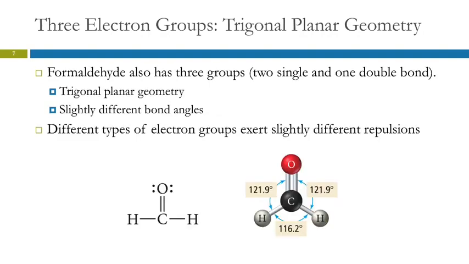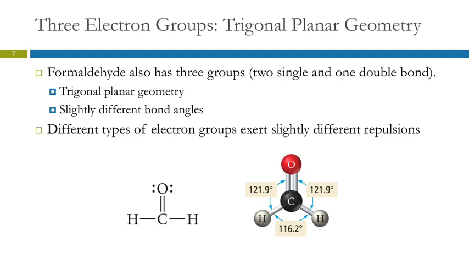We can have a trigonal planar geometry with things other than 3 single bonds. We could have something like this, where we have 2 single bonds and a double bond. That's still 3 groups. 3 groups get away from each other in a trigonal planar geometry.